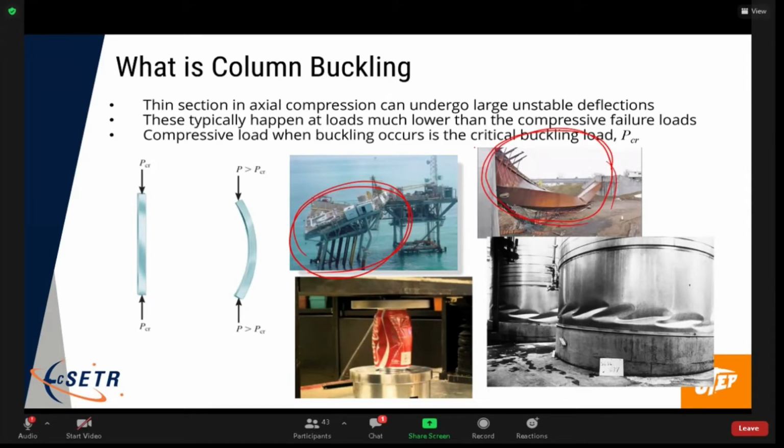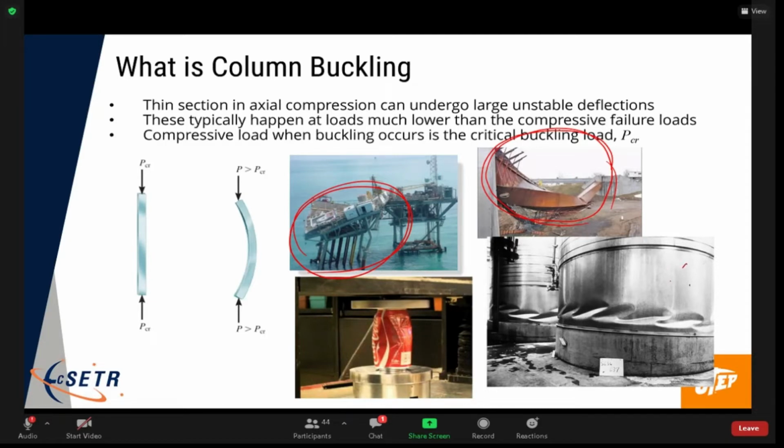It's due to buckling, but the buckling happened because there was a slight twisting of the bridge. And so we're going to talk only about compressive buckling, but bending and torsion can induce their own buckling loads that'll make the structure fail at significantly lower loads than you would think if there wasn't a buckling failure, okay?